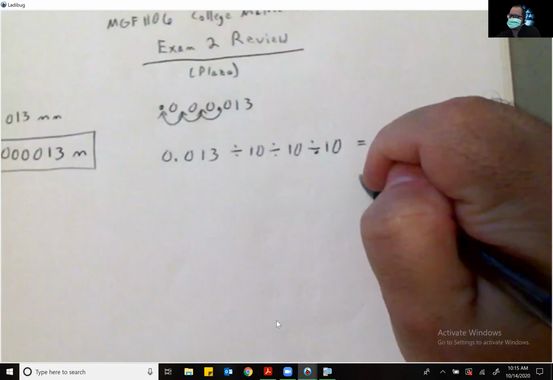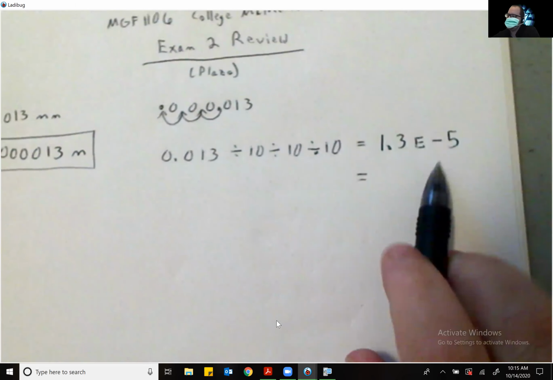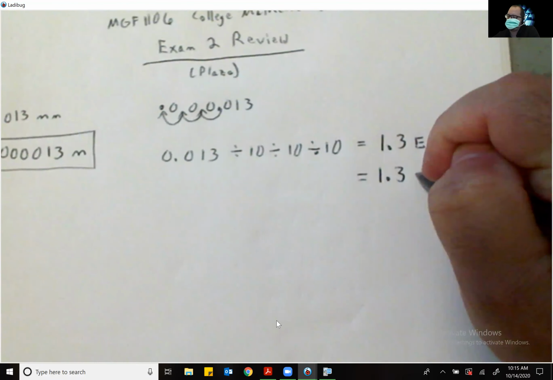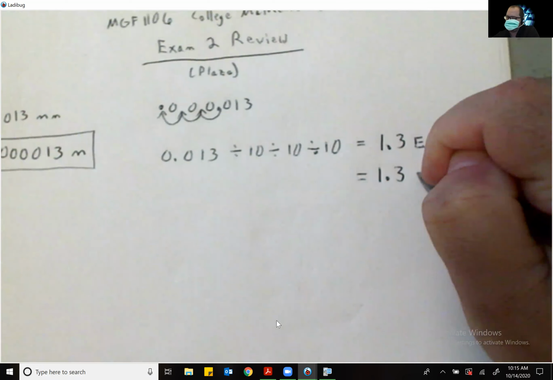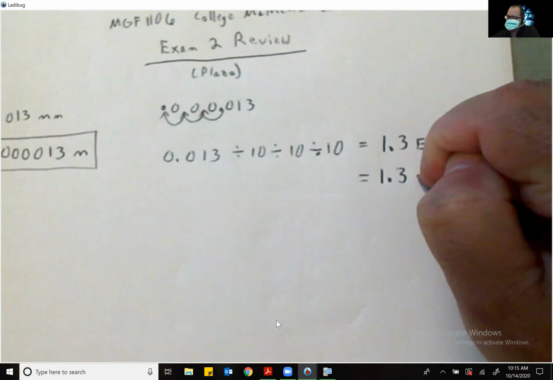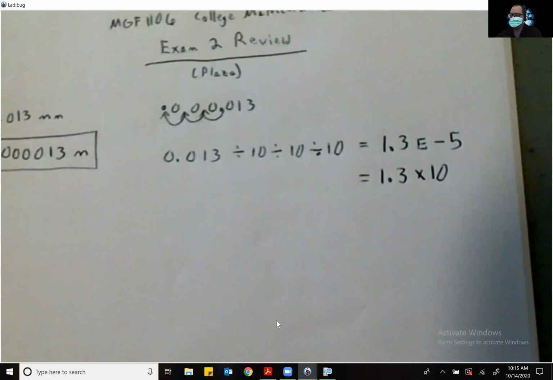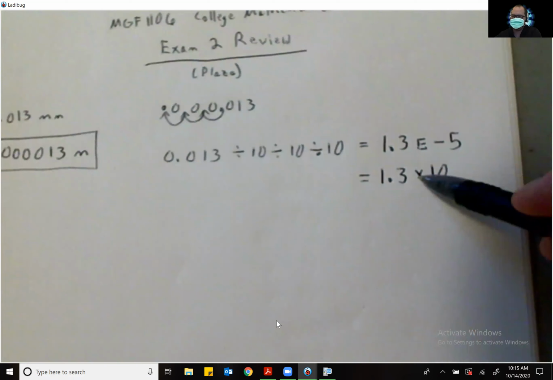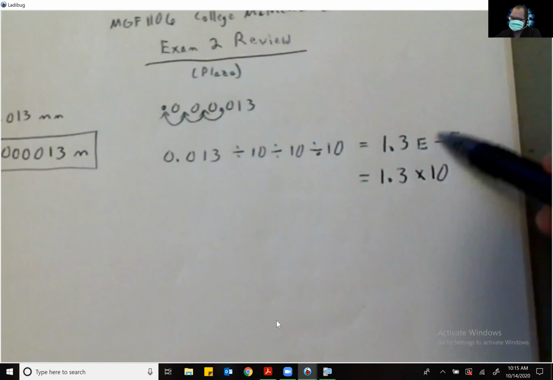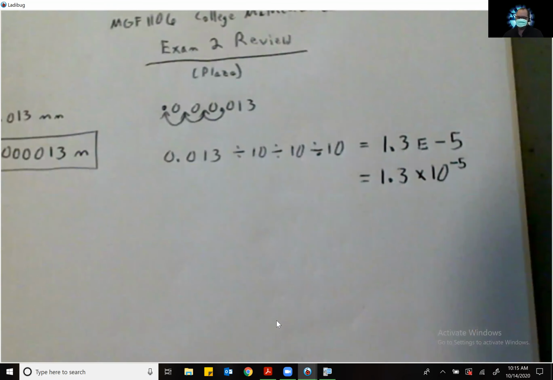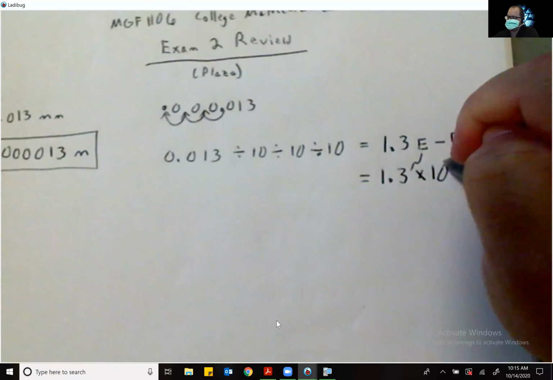When your calculator kicks out an E like this, it means it's scientific notation. The answer was so small that, even though it could actually show this answer if it really wanted to, it put it into scientific notation. That E represents times 10, and this -5 is the power on the 10.